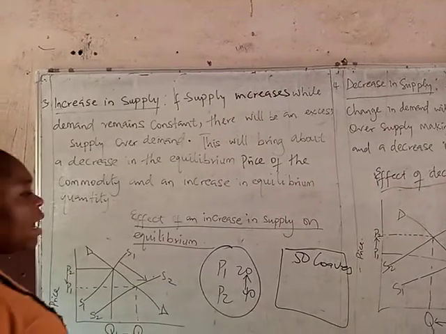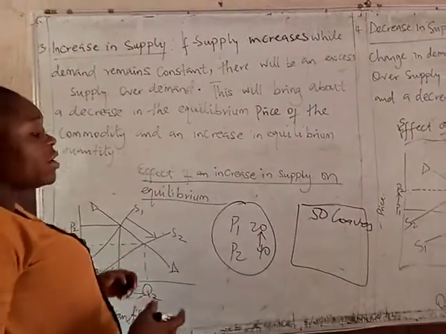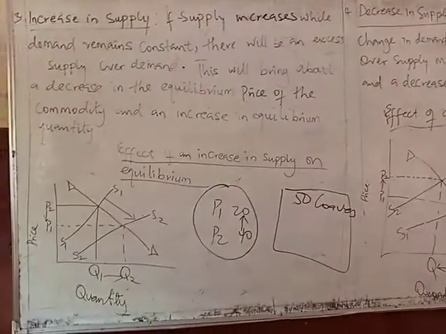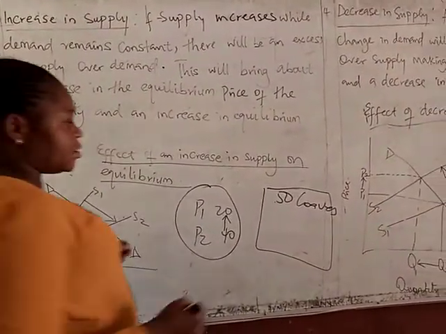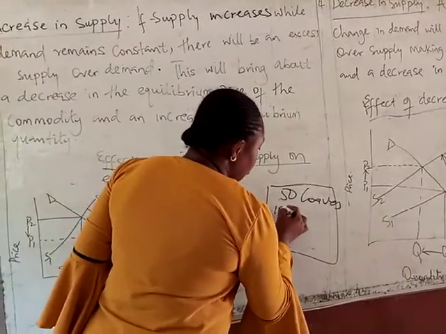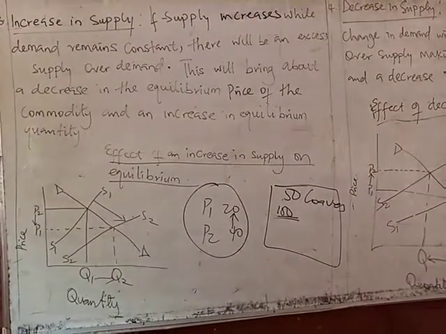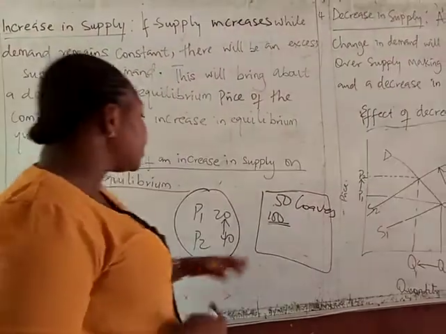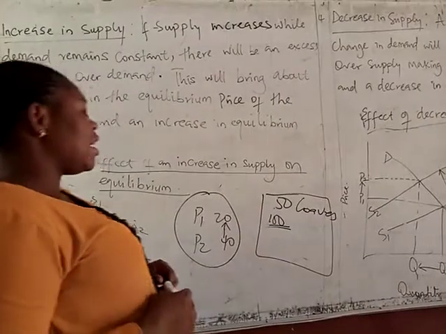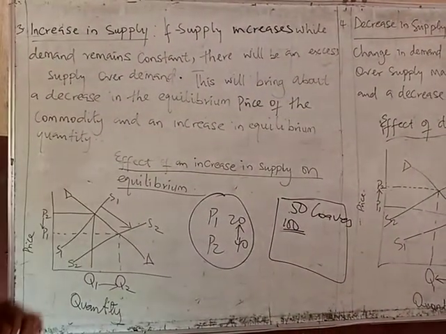And after some time, he or she decides to increase the quantity of bread he sells, from 50 to 100. Now, if the quantity supplied to the market increases from 50 to 100 and demand remains constant, what will happen?